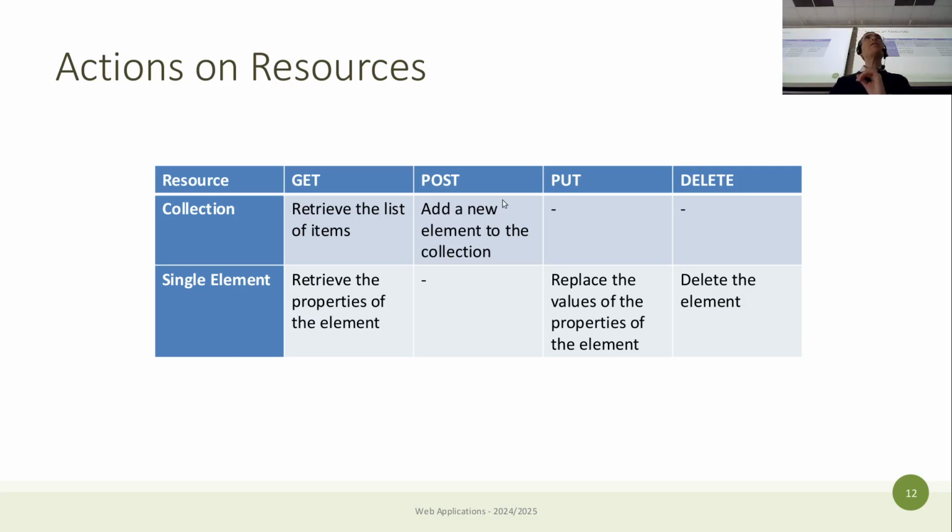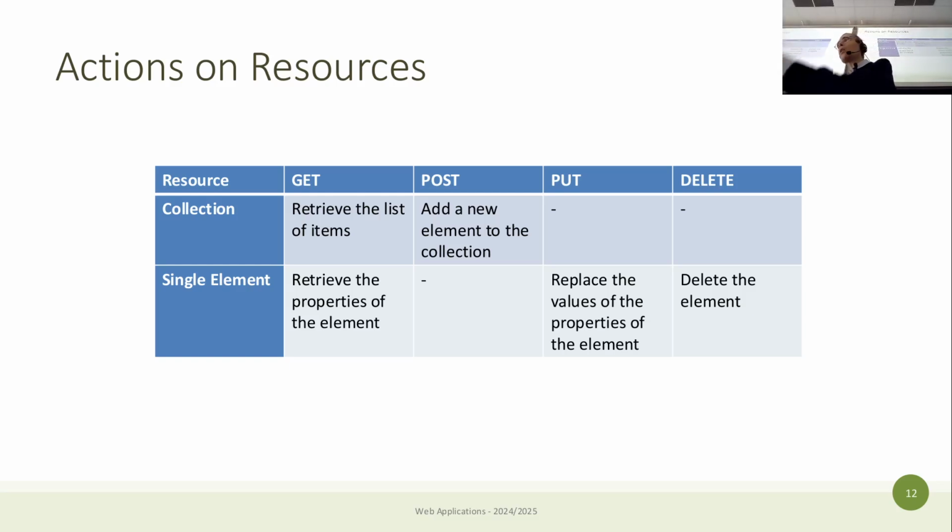Regarding the creation of new elements, sometimes the user inputs data and you need to store it in the database. So there's something new to be created. Well, that's the typical case of the post method in HTTP, okay? Post is not idempotent. That means every time we run it, we change something on the server.